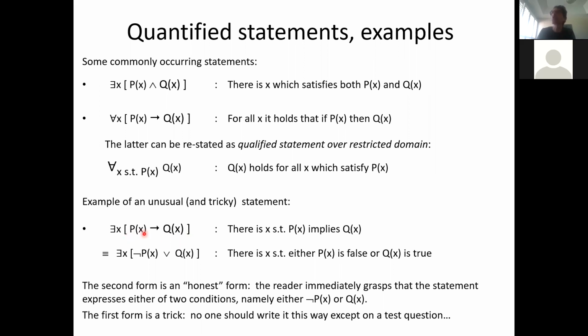Well, this is actually true. There exists an x like this, because a crazy thing is never true, so it's easy to find an x for which the crazy thing is false, and therefore the implication will be true. It's obvious when you read it in this form, but maybe takes a little bit when you see it in this form.